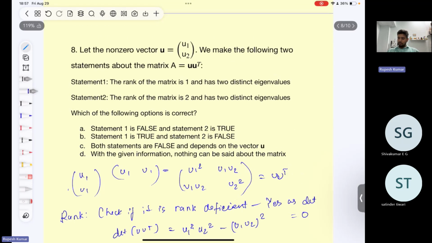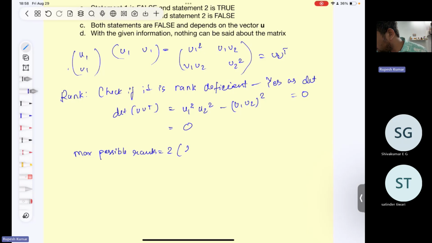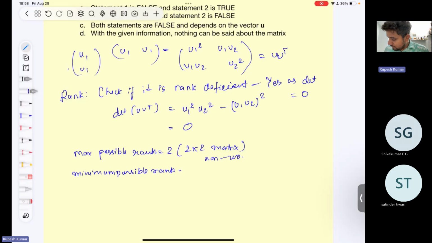So if it's rank deficient and it's a 2 by 2 matrix, what is the maximum possible rank? Maximum possible rank is 2, since it's a 2 by 2 matrix. And it's also a non-zero matrix, so the minimum possible rank is 1.